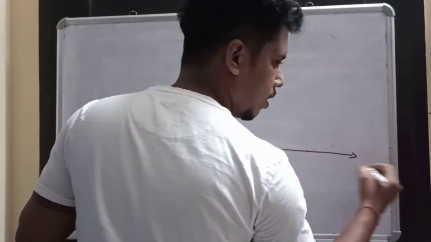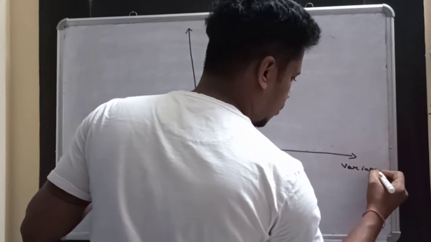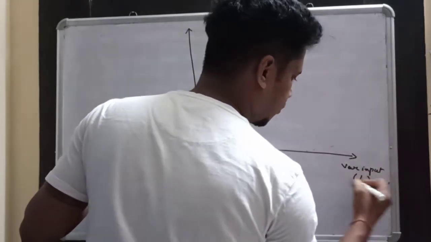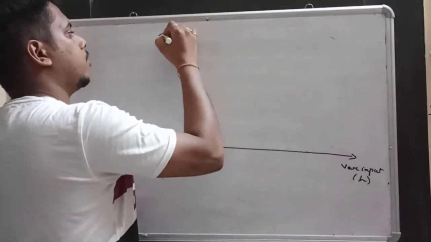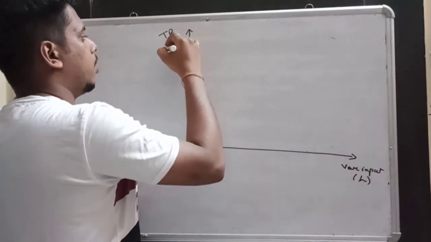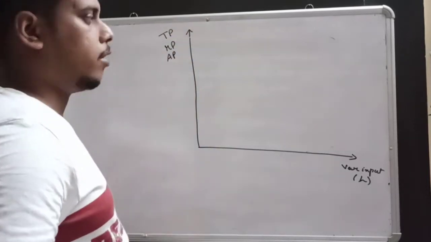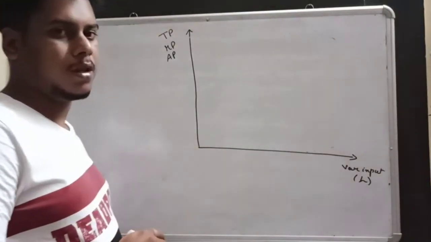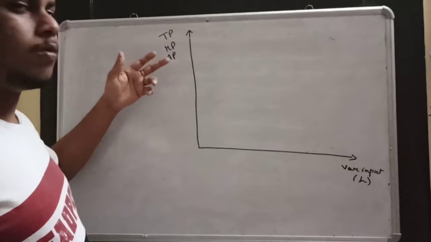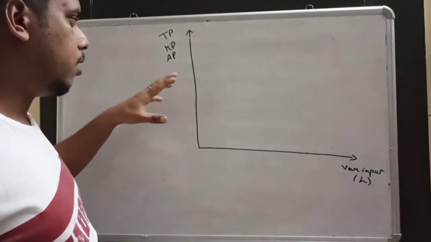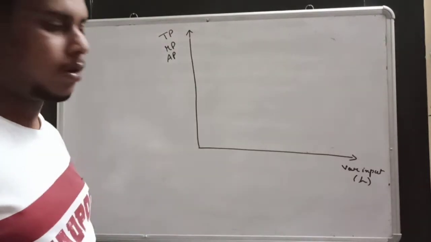Over here we will measure the variable input, say labor, and over here we will measure total product, marginal product, and also average product. If someone wants to represent average product, he can plot it, but the diagram mainly consists of the total product and the marginal product only.